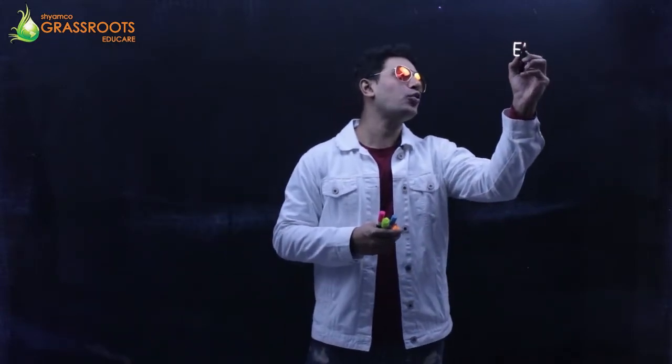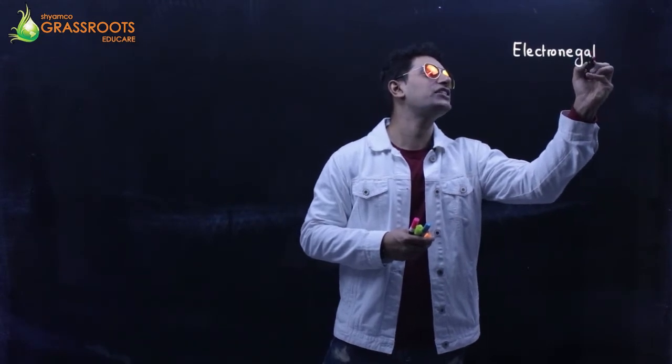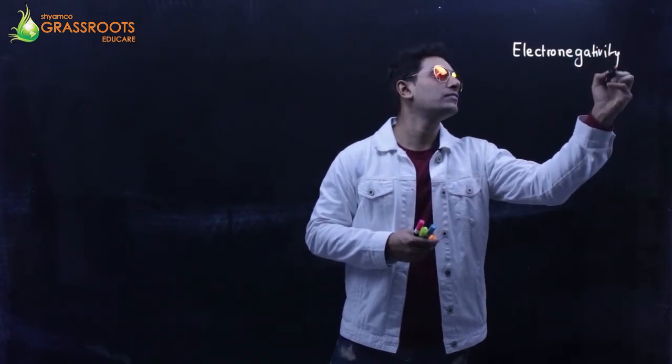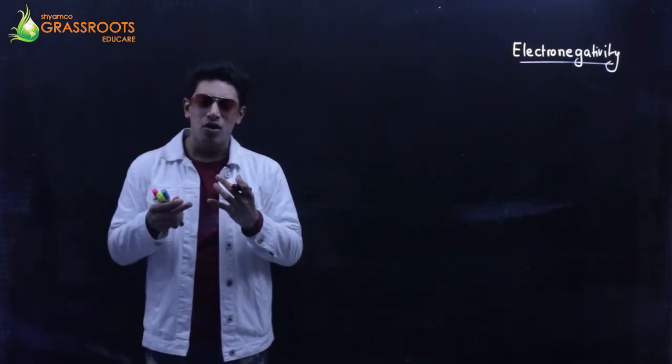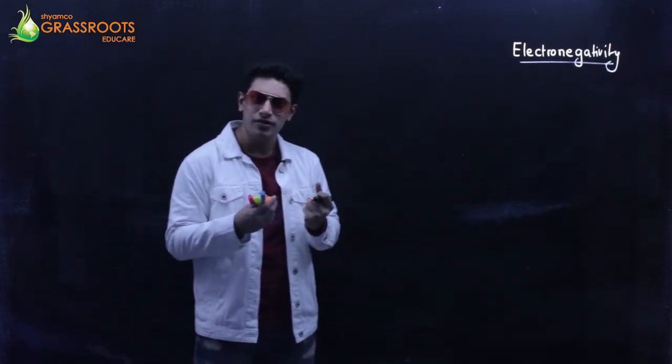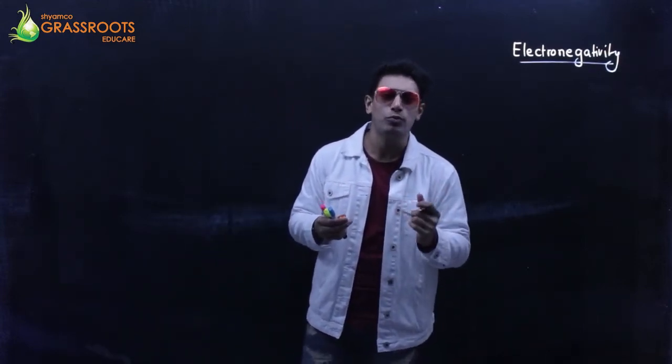The fourth periodic property is electronegativity. Now, electronegativity is the tendency of pulling the electron, by an atom, by the nucleus, in the outermost shell.